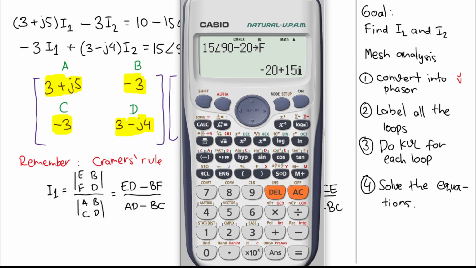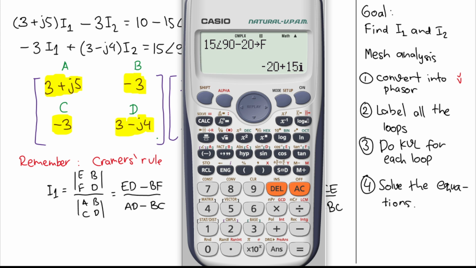We can just calculate I1 from here. Let's prepare the fraction. Let's recall all of them: recall E, recall D, minus recall B, recall F. And then it is divided by recall A, recall D, minus recall B, recall C. We will have the value of I1 here.